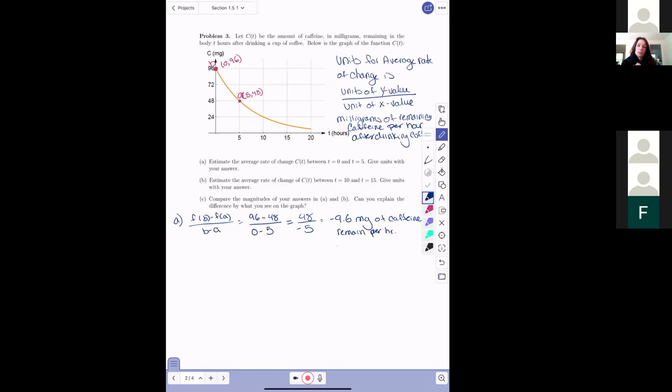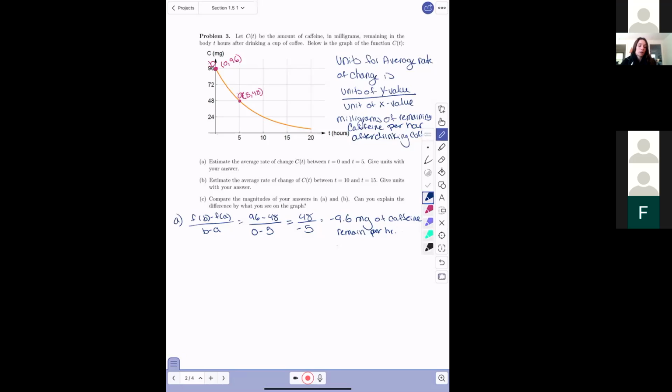I have a question. Yes. I'm just confused as to why we'd say remain per hour. Would it make sense if we said you lose 96 milligrams of caffeine within the interval? You could say you lose 9.6 milligrams of caffeine per hour in that interval.